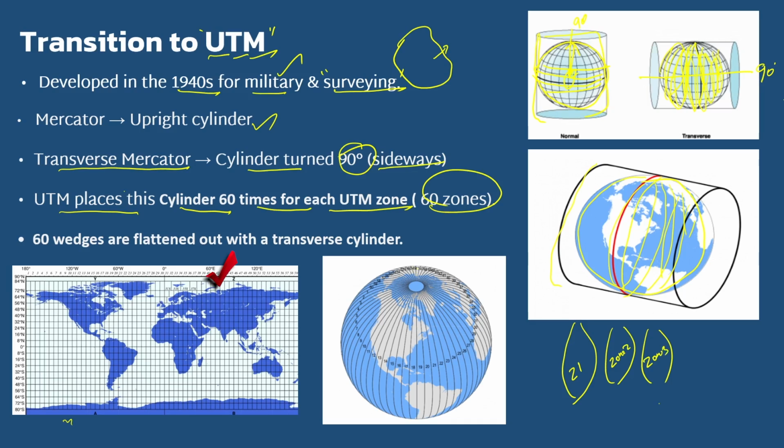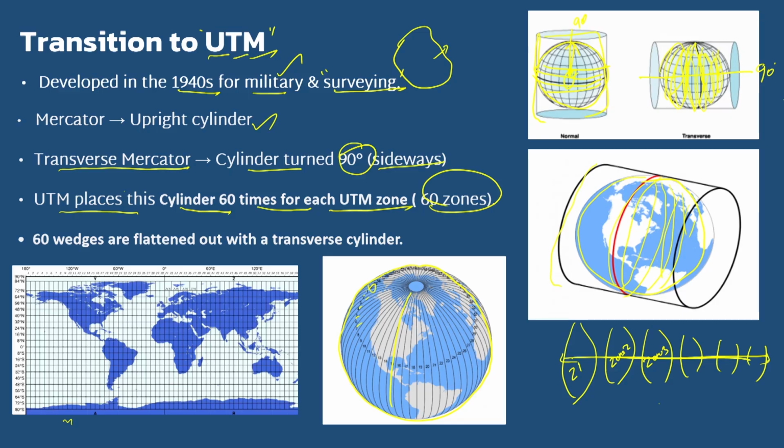Assume this is the complete globe, which we are going to slice into 60 zones, starting from 1, 2, 3, 4, 5, 6, and ending with 60. After slicing the 60 zones, we flatten them into a flat surface. The advantage is that we have taken very small zone areas, and flattening them, that is, projecting them, creates the complete flattened globe, not like a single cylindrical projection.